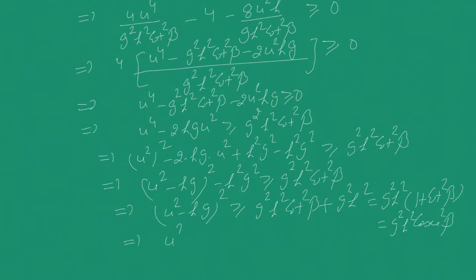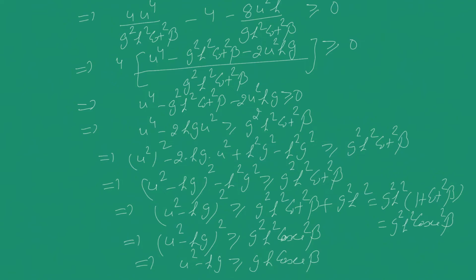This implies that u square minus h g should be greater than g h cosecant beta, taking square root on both sides.